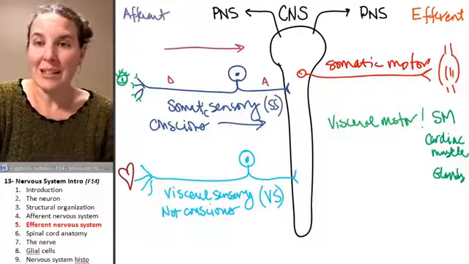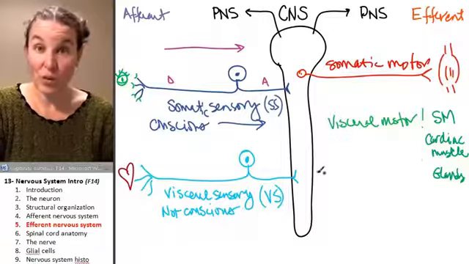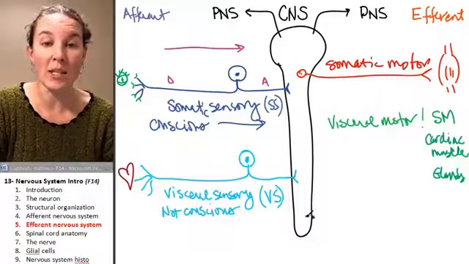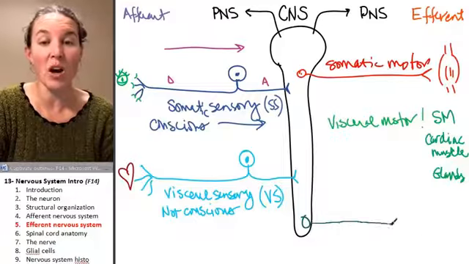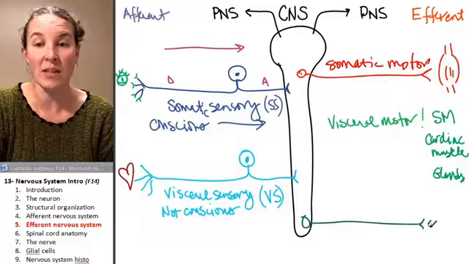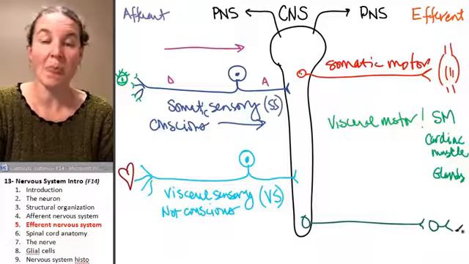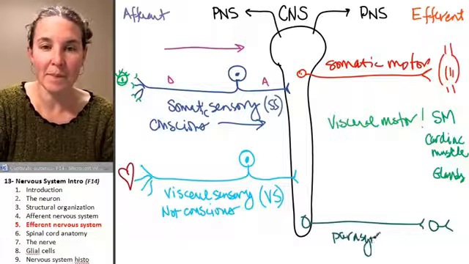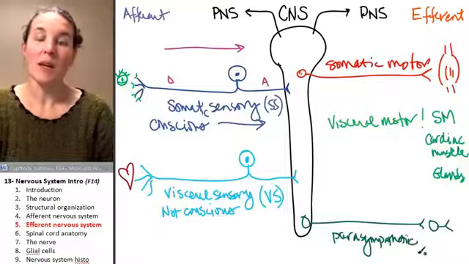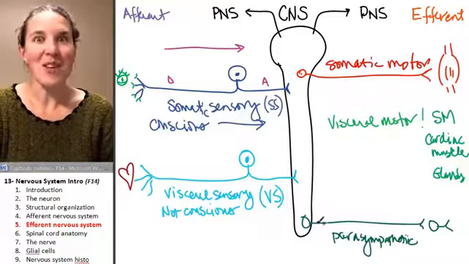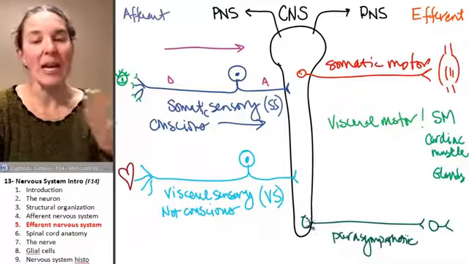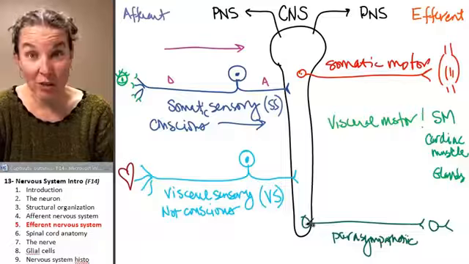Visceral motor gets a little bit more complicated because there are actually two flavors of visceral motor. We have one, which I'm drawing here on purpose, and we'll talk about the details of this later. This is a parasympathetic pathway. Notice, we still have a cell body. It's a motor pathway. It's visceral motor. It has its cell body in the central nervous system.